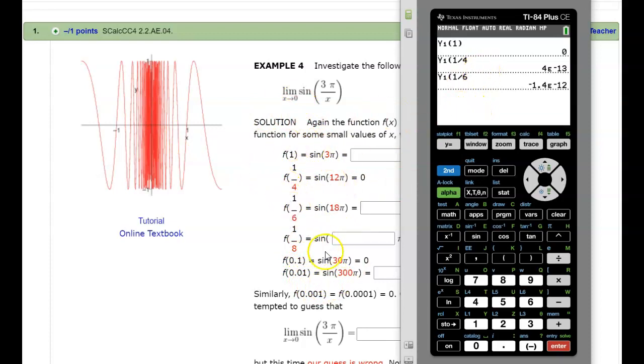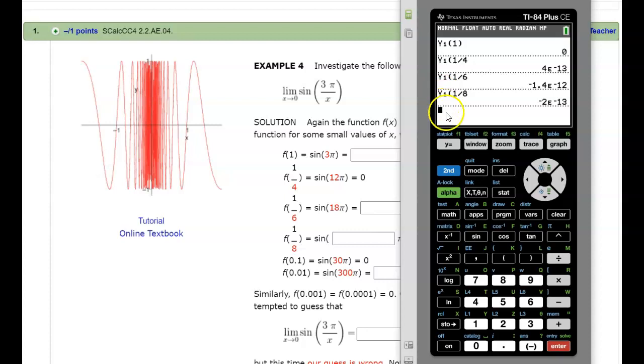I'm guessing that a lot of these are going to be 0, but you want to go and figure out each one. Now some of you have a TI-83, so to go back up to this, you'd have to do a second enter, and that will take you up to the next line. And some of the early versions of TI-84, that's also true for. So I'll go ahead and do the 1/8 while I'm here.